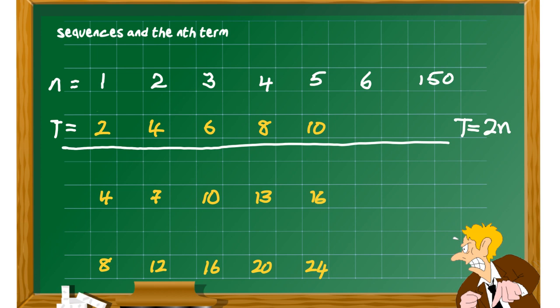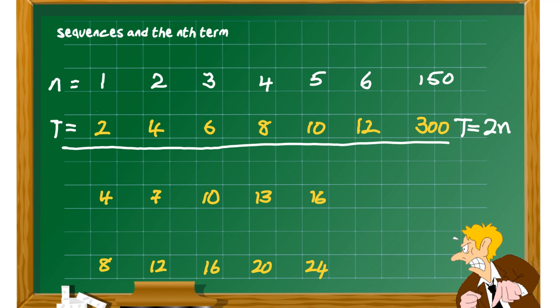Because wherever we have n, we can predict what our t is going to be. So where n is 6, we know that t is going to be 12. And when n is 150, so the 150th term in the sequence, t is going to be 300, because it's still just 2 times n, 2n.